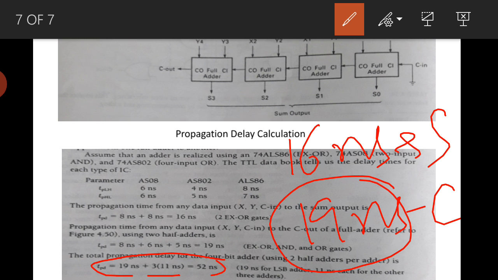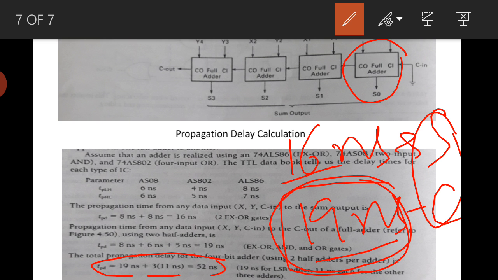So I can say that one full adder will take 19 nanoseconds at most to complete both things, because both happen in parallel. Individually this is 16 and this is 19, but overall, when I give the inputs, by 19 nanoseconds both will be available: by 16 the sum, by 19 the carry.